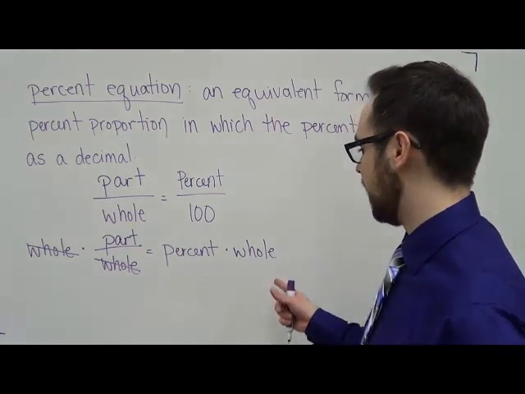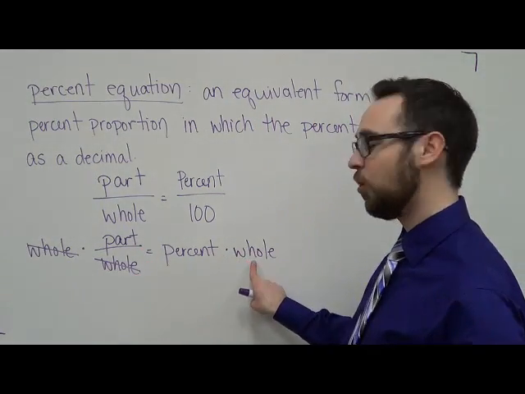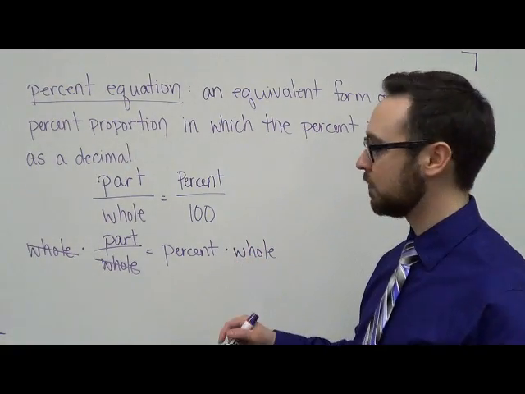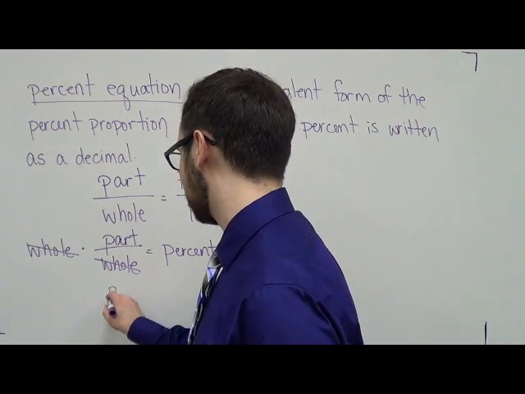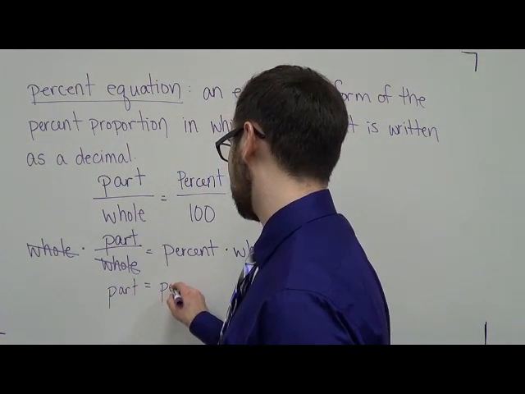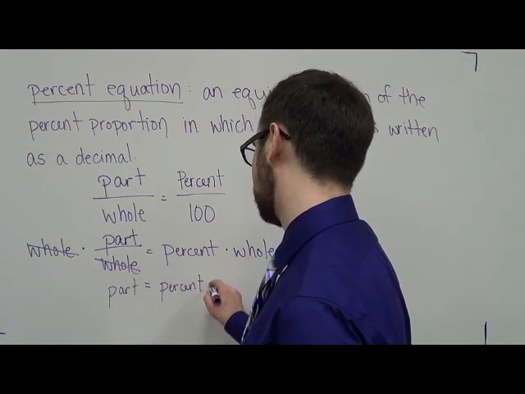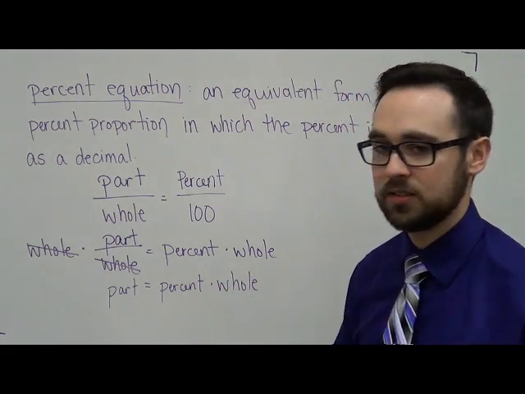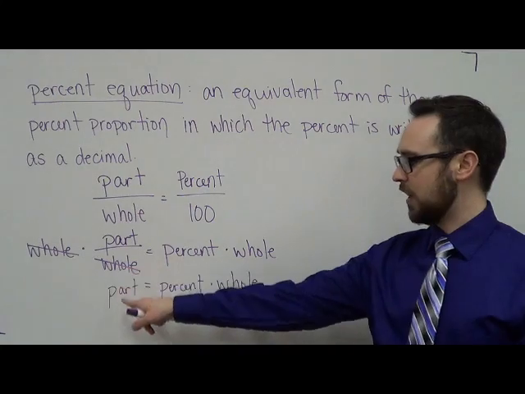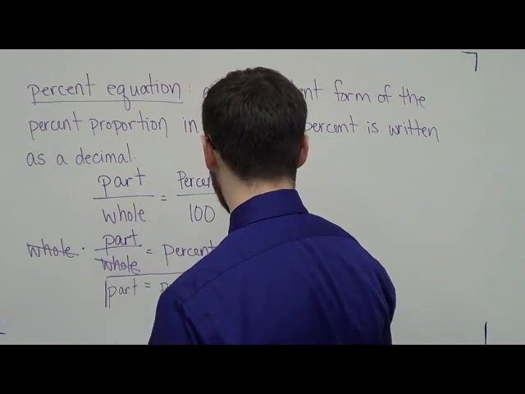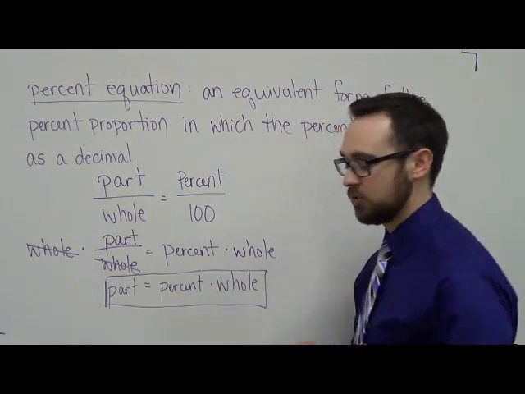So that's what's happening here. If you take a percent of the whole number, the word of indicates multiplication. So then we have that the part is equal to the percent as a decimal times whatever the whole part is. That's what we're going to be plugging into. This is our percent equation that we're going to be using to solve the problems today.